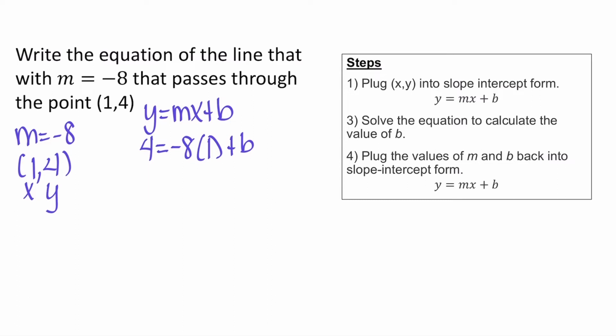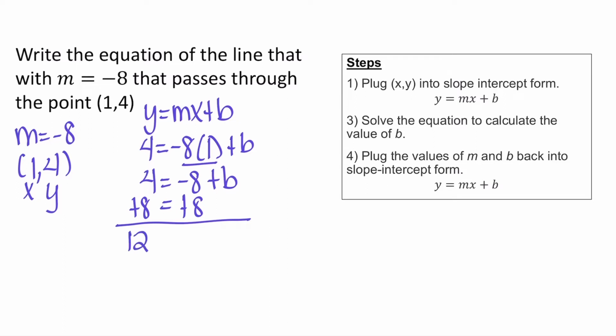When I simplify this, I get 4 equals negative 8 plus b. Now I need to do the opposite of negative 8, which is to add 8 to both sides. On the left side, I get 4 plus 8, which is 12, and on the right, negative 8 plus 8 cancels, so 12 equals b.